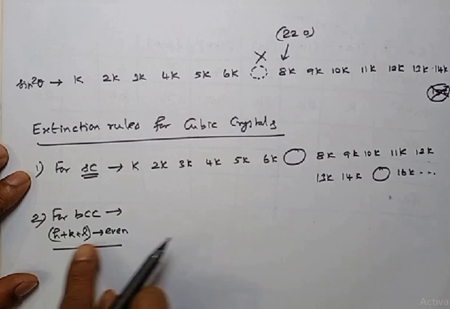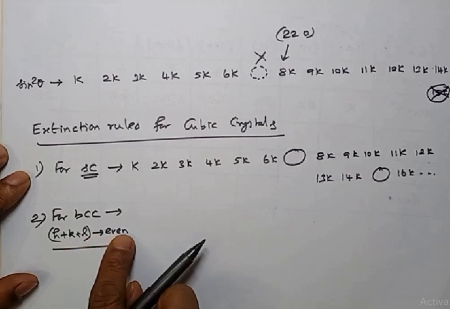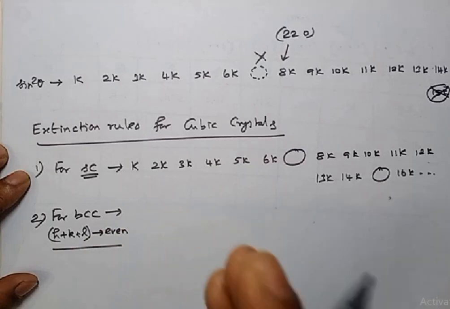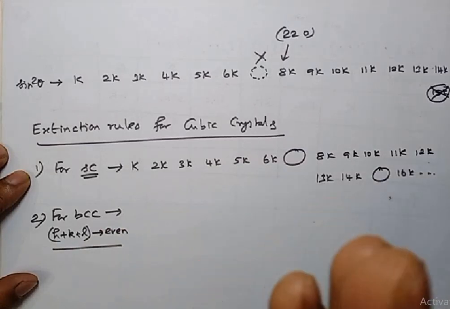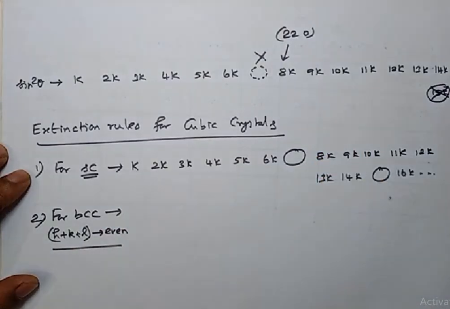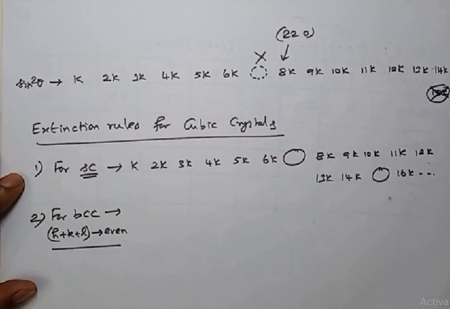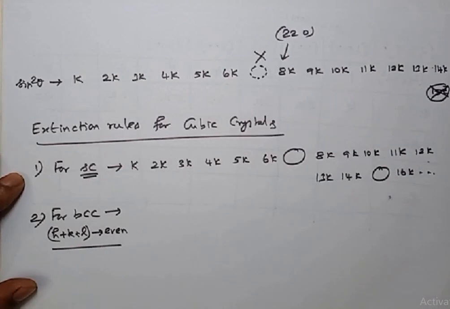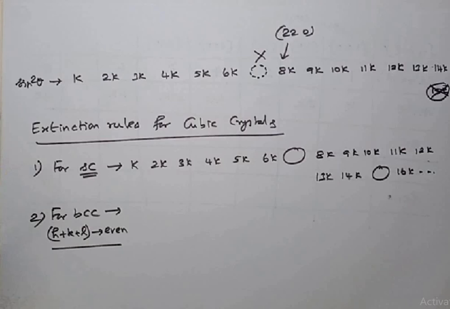If you add H plus K plus L and that sum is even, then those planes, those reflections, will give a signal in the XRD. Those planes reflect the X-rays, and the reflected X-ray will give a signal in the X-ray diffraction pattern. So this is very important.